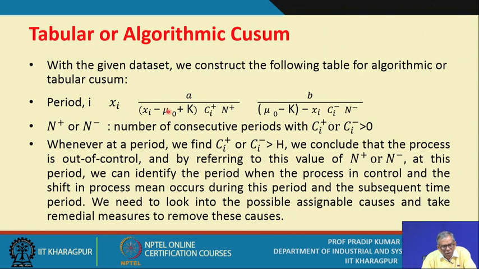Is it okay? Now against xi you need to calculate the Ci plus as well as Ci minus. Is it okay? So against Ci plus you have 3 columns.